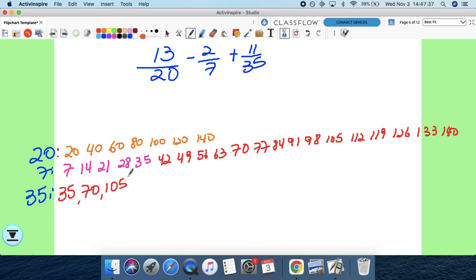Look, they're the same. 140. 35 times 1 is 35, 35 times 2 is 70, 35 times 3 is 105, 35 times 4, 140. So finally they have something the same, 140.